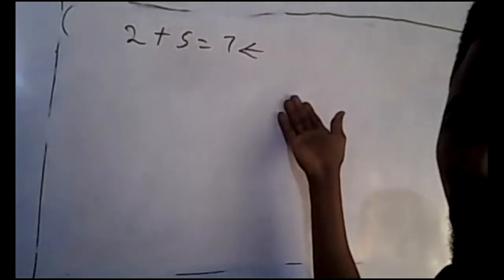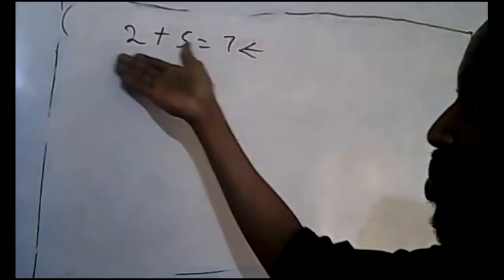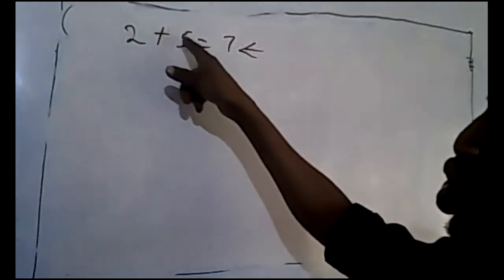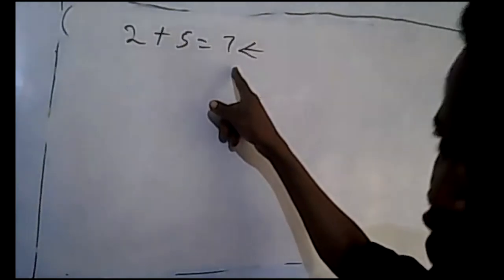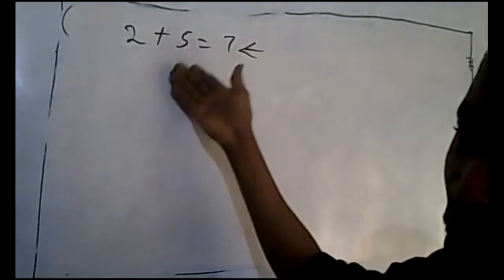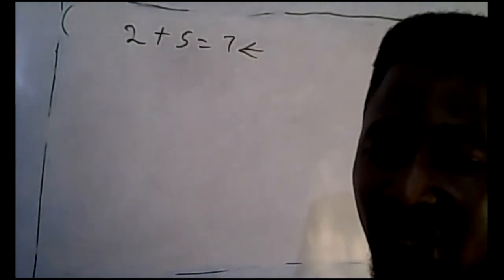This is an equation. If you write a number sentence, this is a number sentence, and I've said that whenever you add 2 to 5, it gives you 7. Is that true? Yes, it is true. So this number sentence is an equation. Now, there is another, a false equation, an equation that is not true.